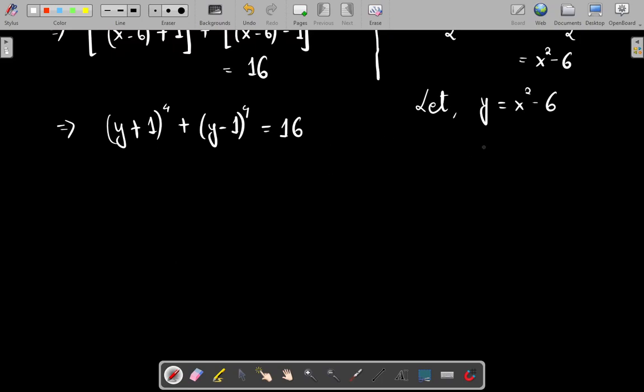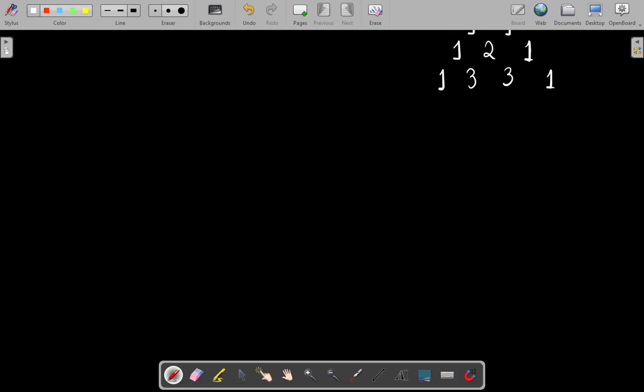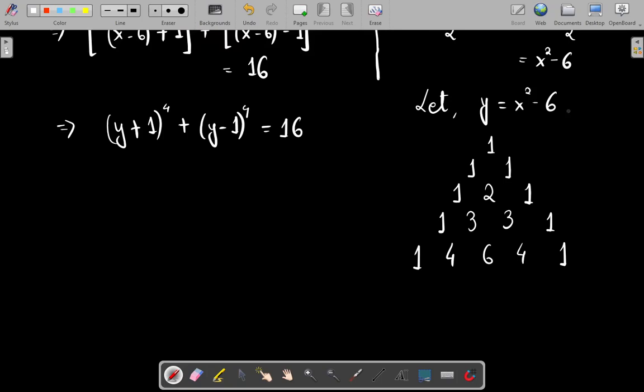If we use Pascal's triangle for expanding this binomially: 1 1, then 1 2 1, then 1 3 3 1, then 1 4 6 4 1.